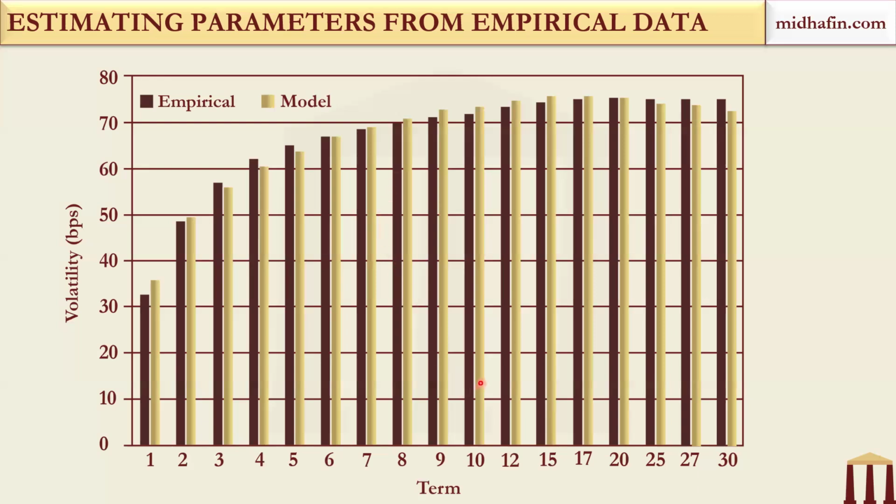So it's not only about the level of volatility. You see the curve also, the shape, the curvature also is getting fit. So the Gauss plus model structure is doing what it's supposed to do, right? It's capturing the real dynamics of the yield curve across all maturities.